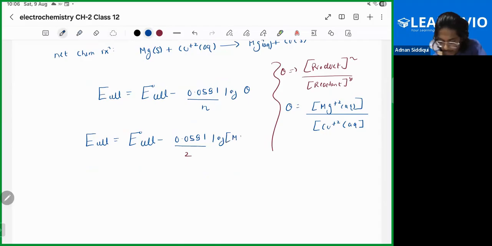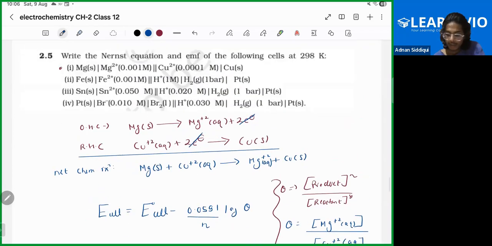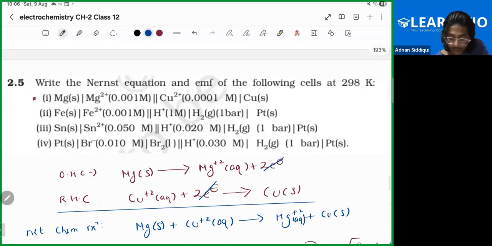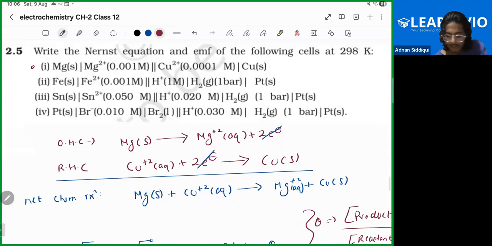So I am going to use this, divided by this. Now look at the question carefully. They have given you the concentration for your Mg2+ and your Cu2+. So you are going to use the concentration values from here. For Mg2+, what is the value? 0.001. For Cu2+, 0.0001.